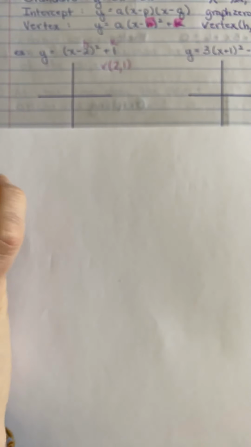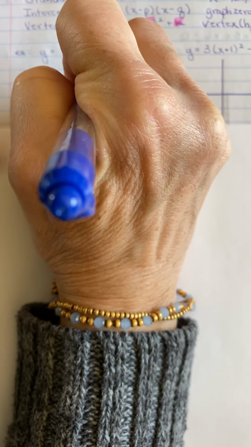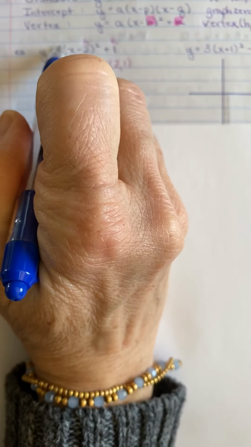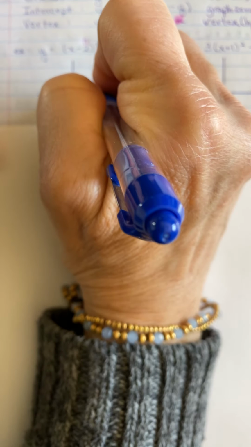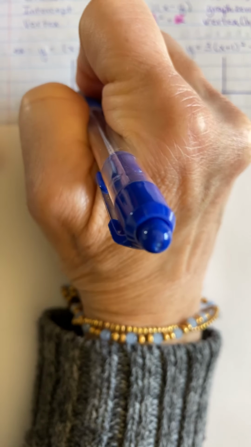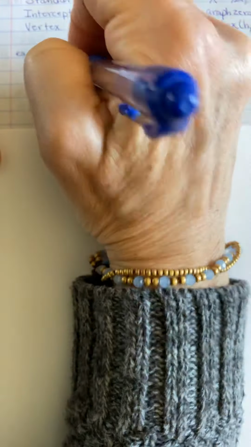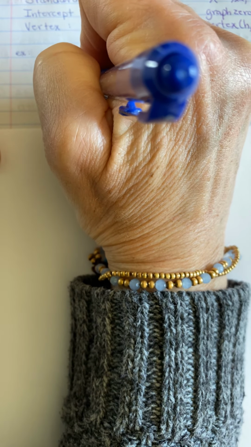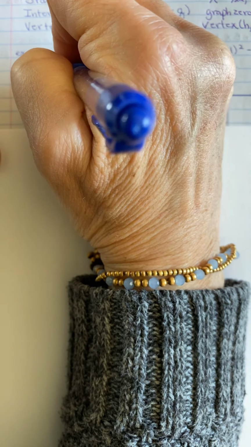So let's go there. We go to the point 2, comma 1. We look at the a. Our a is 1, so we can move 1 to the right and up 1, and 1 to the left and up 1. And lo and behold, we have our parabola.